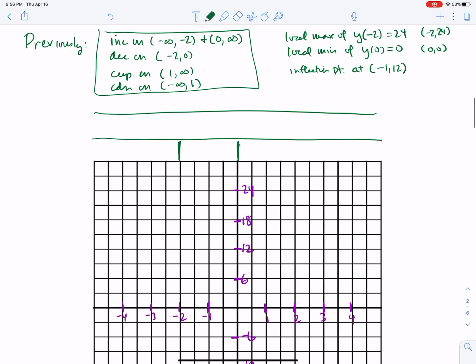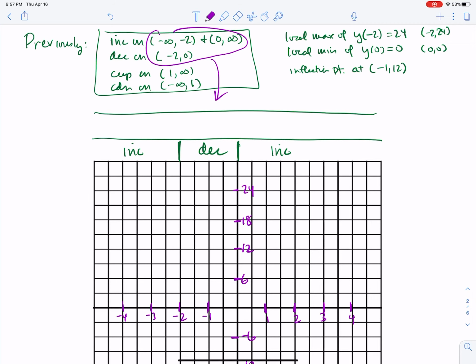So here I know that I'm increasing to the left of -2 and to the right of 0, and I'm decreasing in between. So this is how I'm going to take this information and move it down above my graph.